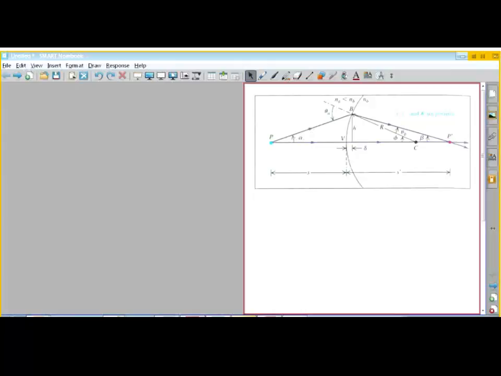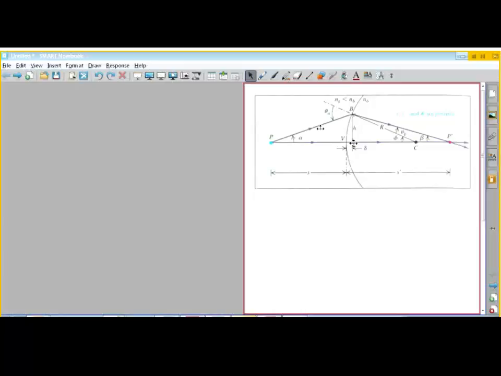This angle here between these two rays is alpha. The angle between the radius and the horizontal is phi, and the angle between the refracted ray and the horizontal is beta. The height from this point, where the ray intersects the surface, to the horizontal is h.